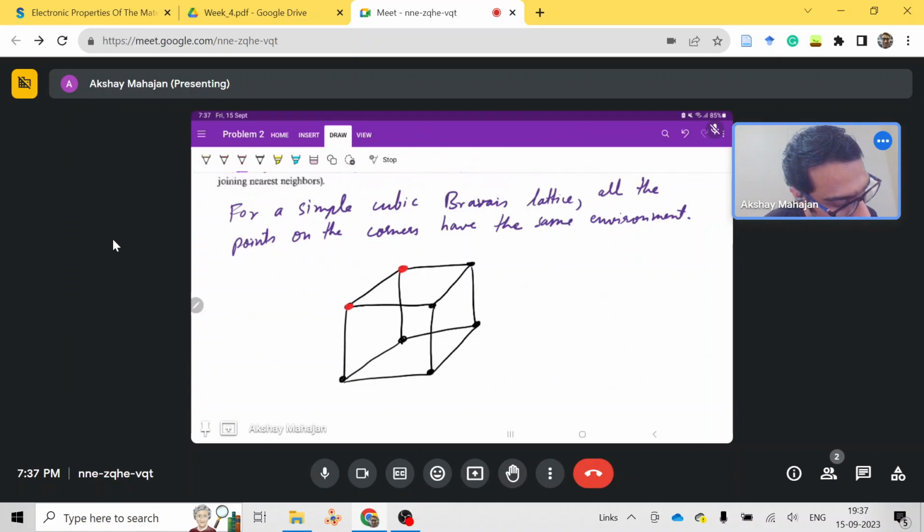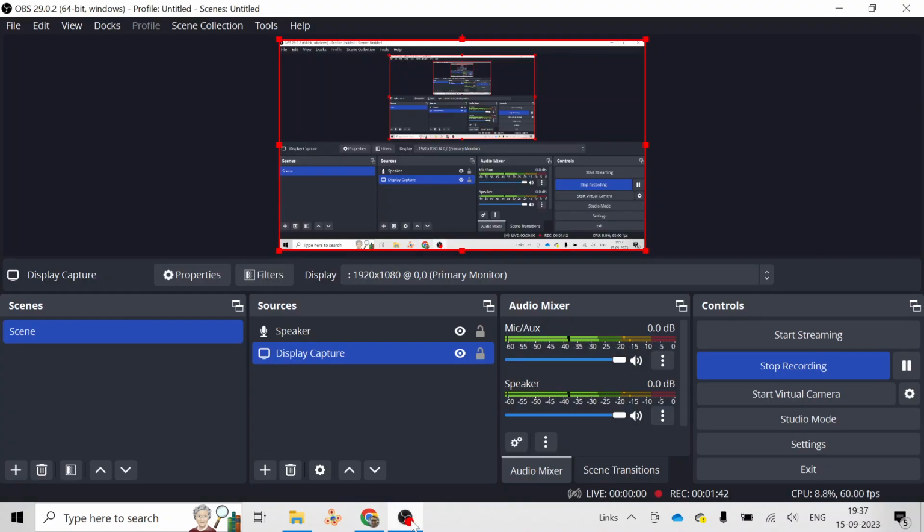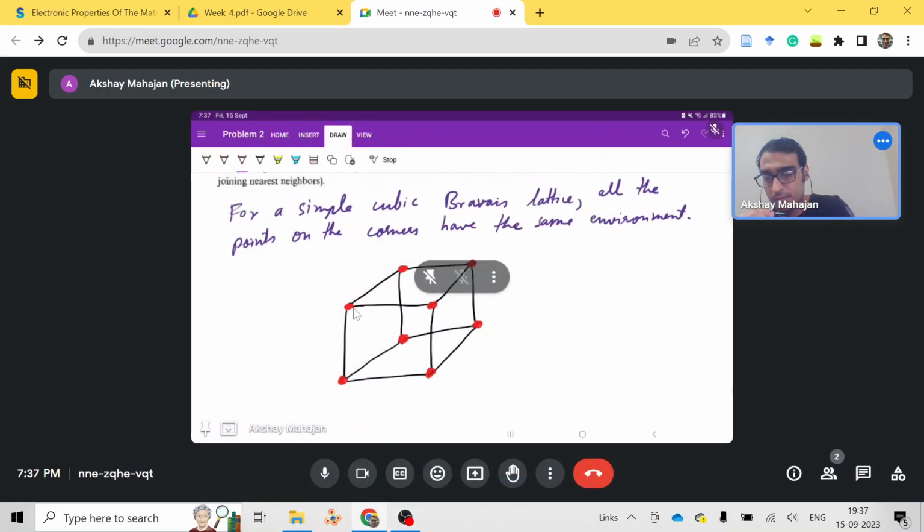These are our corner points for a simple cubic. It is not exactly cubic, but I hope you can understand this cube. So this is a simple cubic, and as you can see, the points have the same environment.